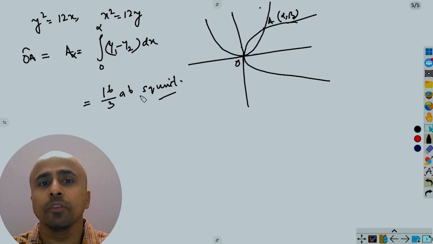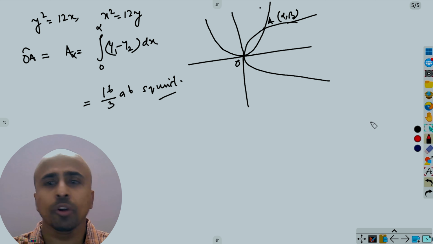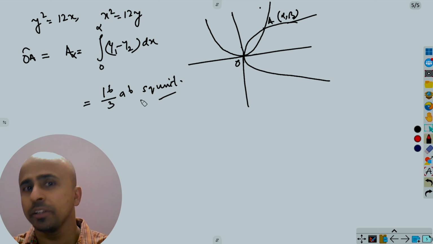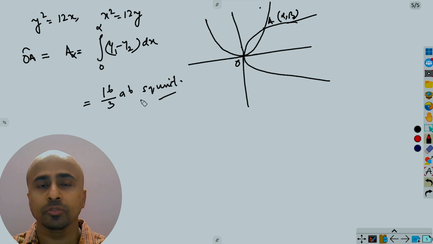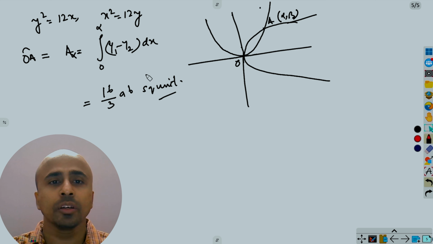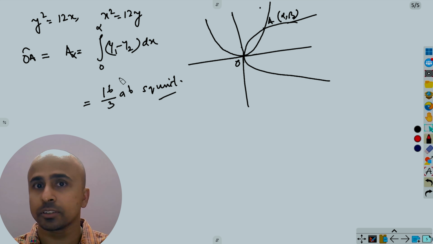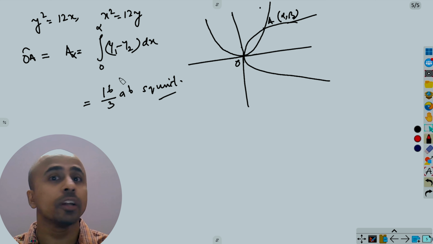Now what is A and what is B here? I am not doing the same integration here because we already did this right before, but in the exam, you have to solve this as we solved the earlier problem.